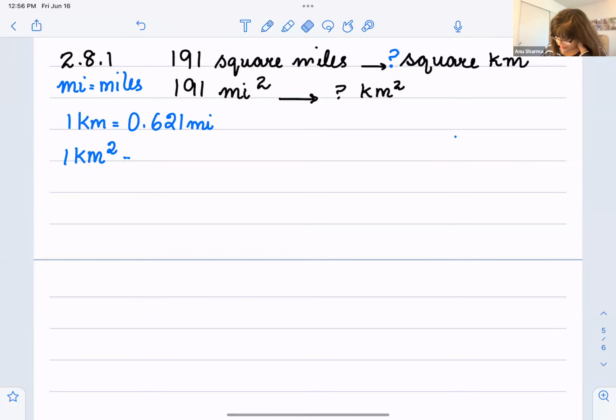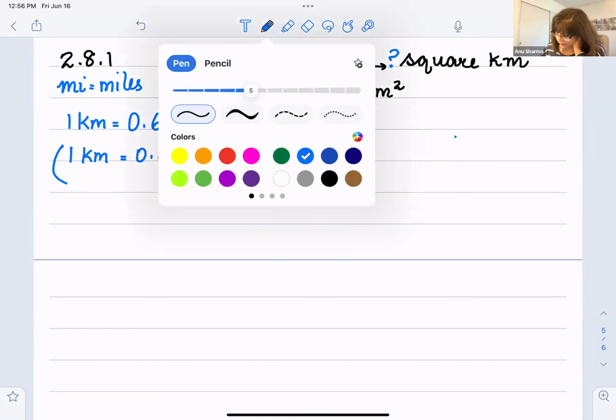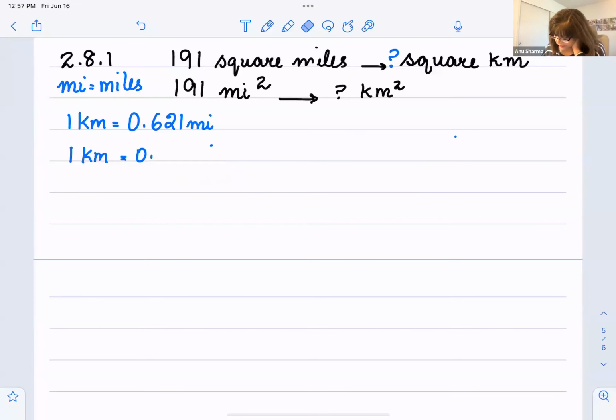If we're talking about square, that 1 kilometer is equal to 0.621 miles, and this whole thing needs to be squared so that it's kilometer square and mile square. So I'm going to just remove this for now, and let's set this up like this.